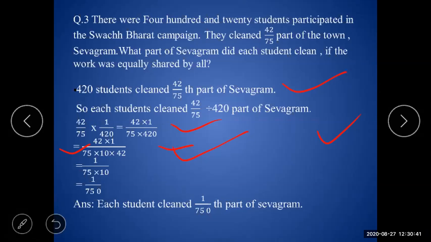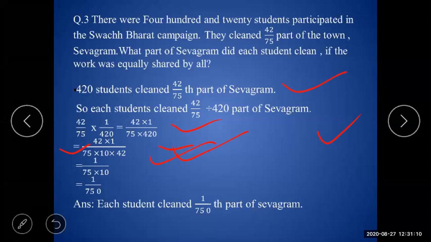Because we will get the same number to cut. When we split 420, it is coming in the table of 42 only. So for 420 we write 10 into 42, and the numerator 42 multiplied by 1 upon 75 stays the same.